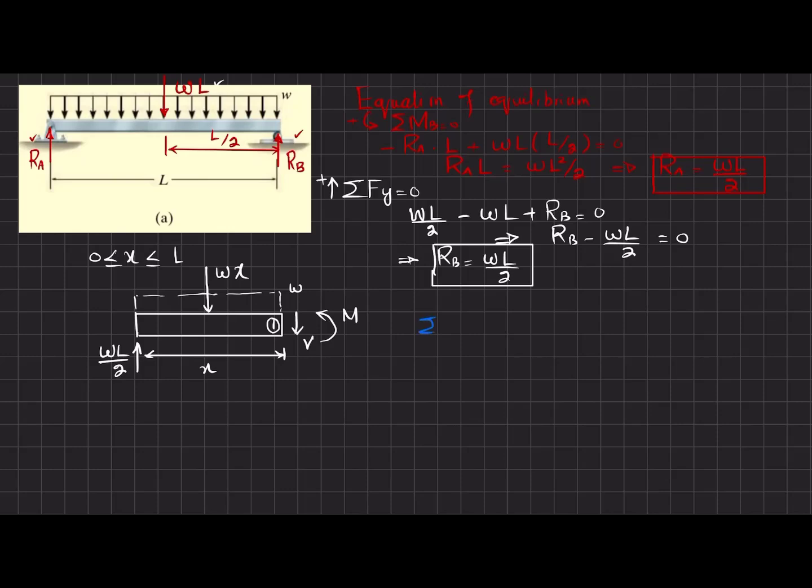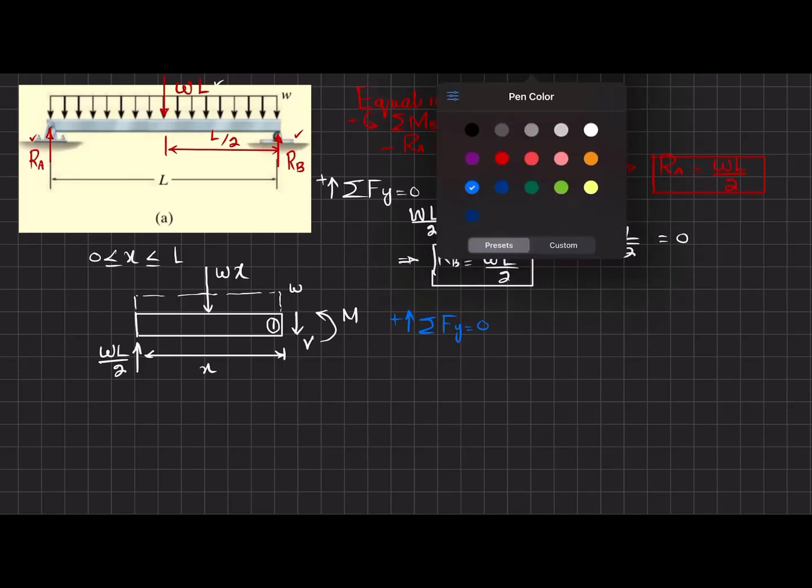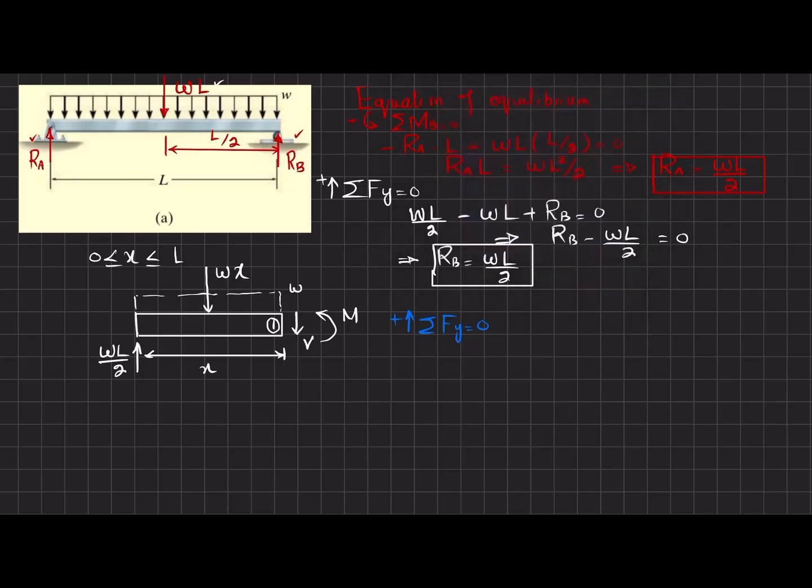So the first equilibrium condition is that the sum of all forces in the y direction must be equal to 0. You can see that we have three forces: this one, the other one, and the third is the shear force. Their sum must be equal to 0. So I will write wL over 2 minus w into x minus V is equal to 0.